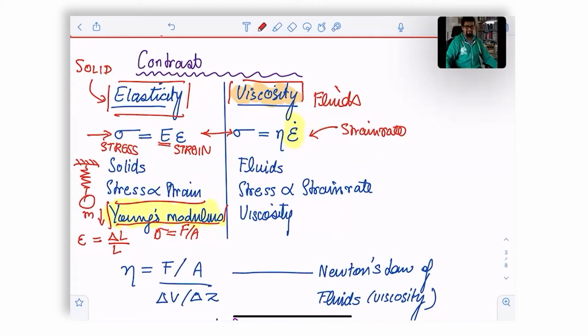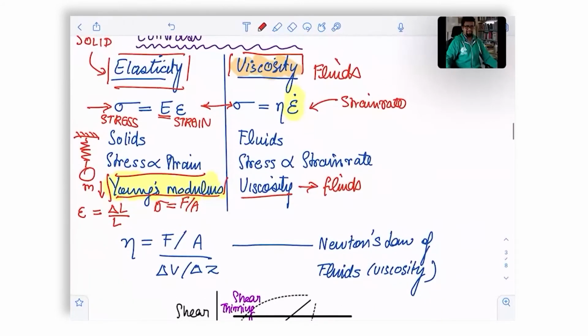And then the proportionality constant is not Young's modulus, which is true of solids, but viscosity, which is true only of fluids, right? Which also means that viscosity is nothing but the ratio of the stress by the strain rate. And the strain rate we have also expressed, like we had talked about earlier, as the velocity gradient.